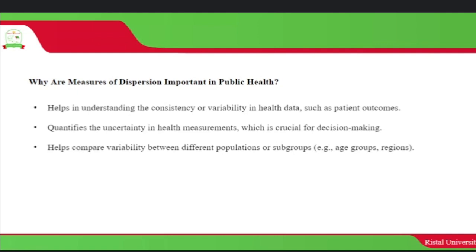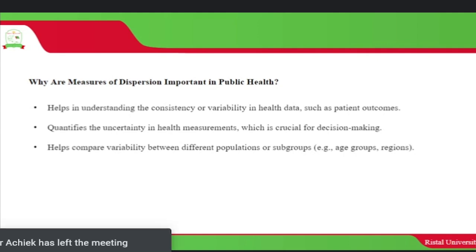And they also help us compare variability between different populations or subgroups, for example, regions, age groups, education levels, different groups of the populations. So they help us compare variability between these populations.